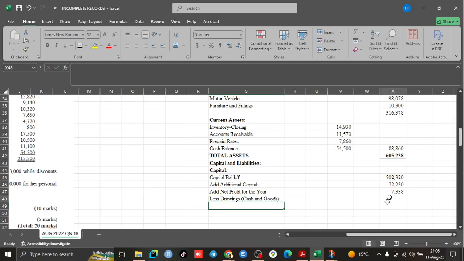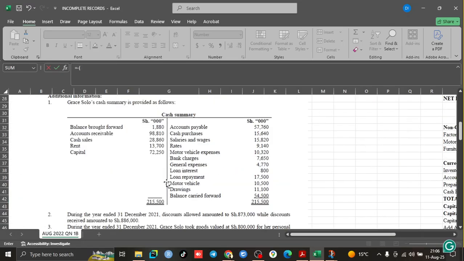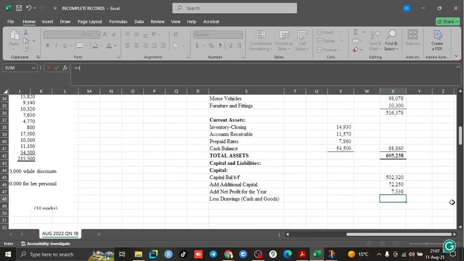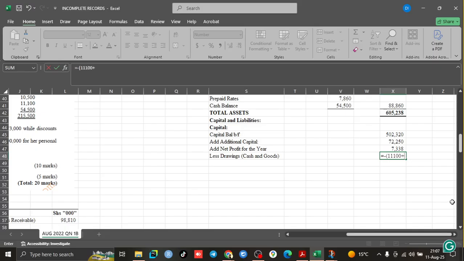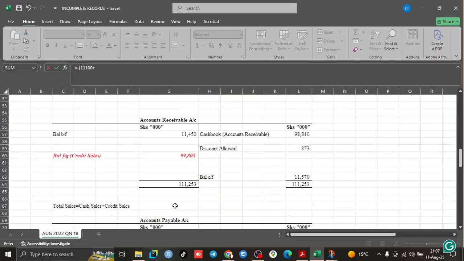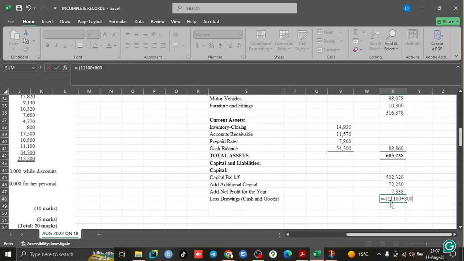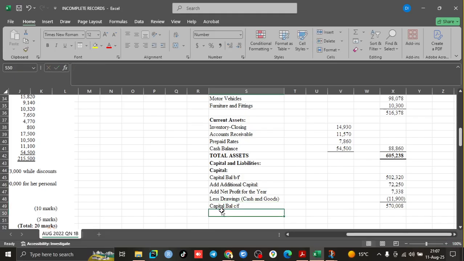The cash drawings that were given are 11,100. Then the drawings of goods that Grace drew are still part of drawings, 800,000. So that is the capital carried forward after accounting for additional capital, net profit and all those. That's how it is.